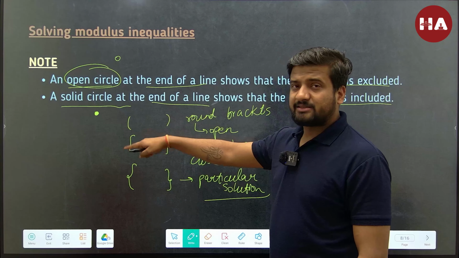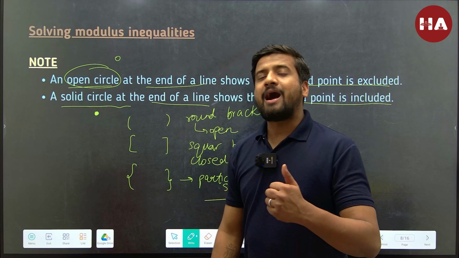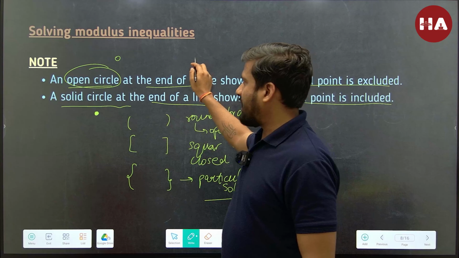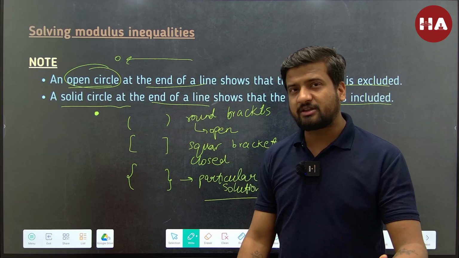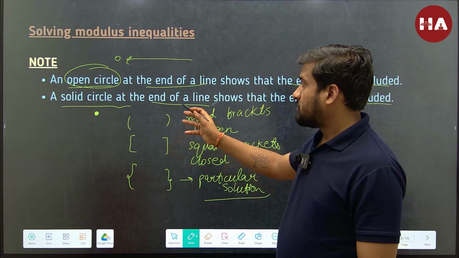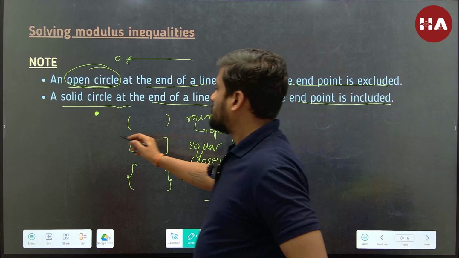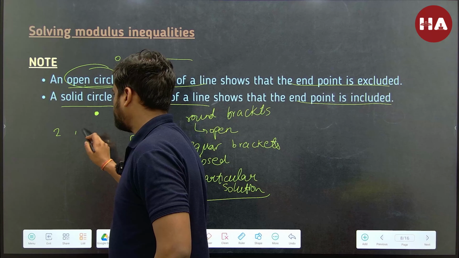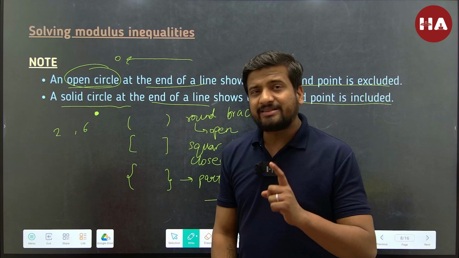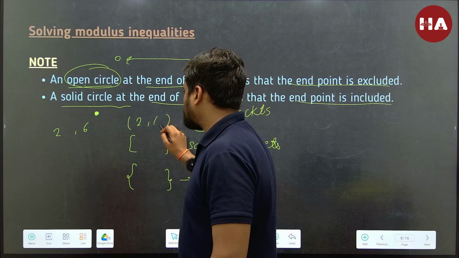Basically these round brackets or open brackets are used whenever I'll have this condition: open circle, open circle, open brackets, right? So basically if let's say my x values range from 2 to 6, but 2 and 6 are not included in my answer, I'll be using round brackets.